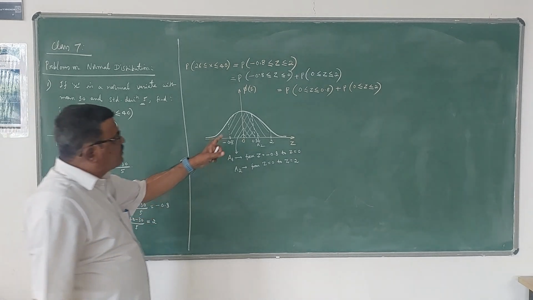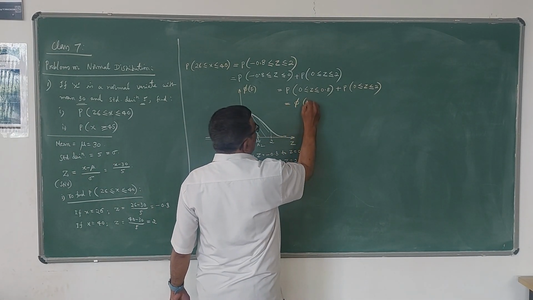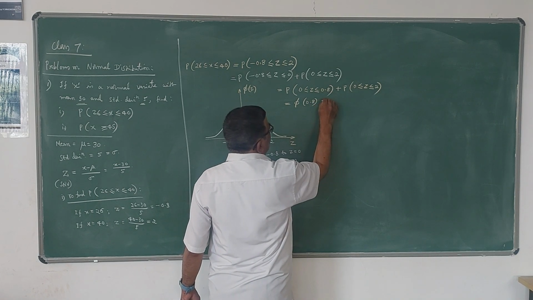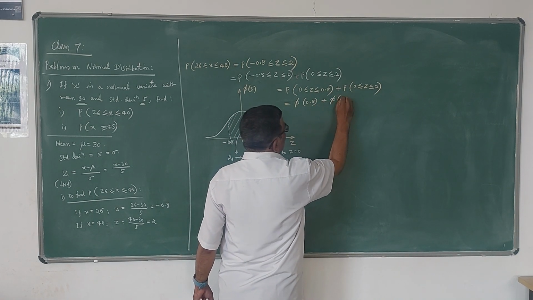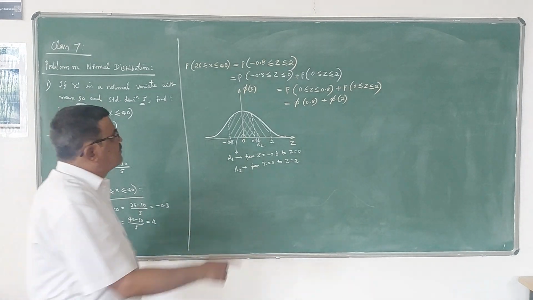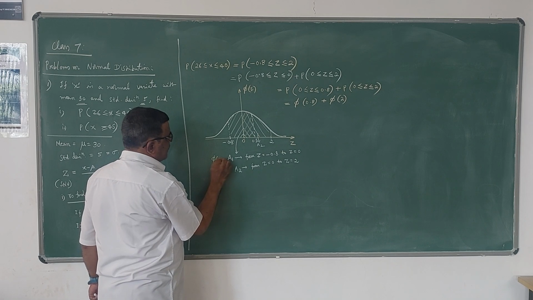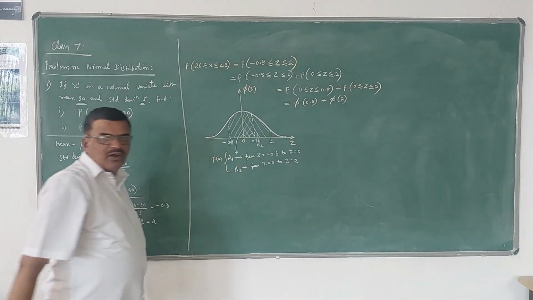The first one is nothing but phi of 0.8, because this is z, phi of z. These areas give the value of phi of z.